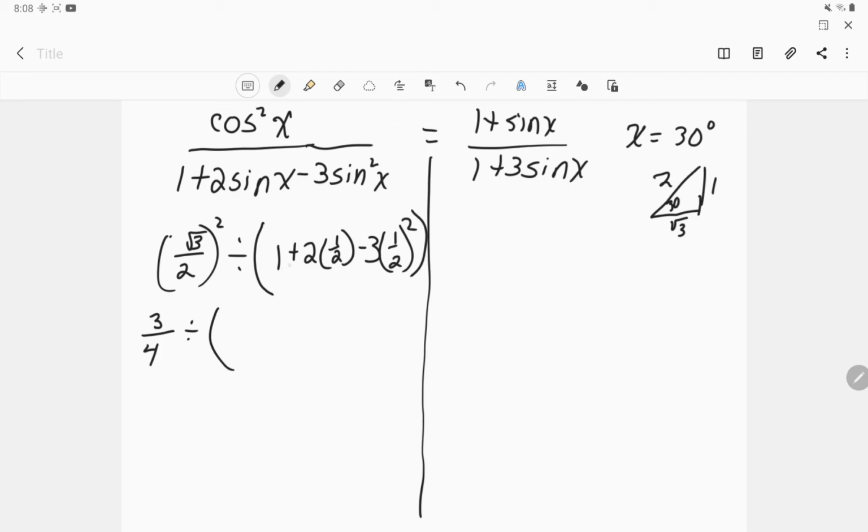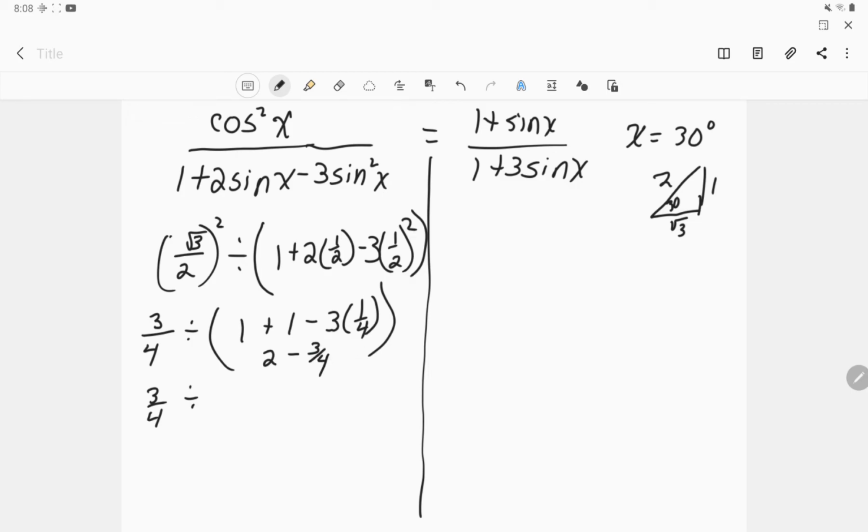Divided by 2 times a half is 1, minus 3 times 1/4. 1 squared is 1, 2 squared is 4. So this is 3 over 4 divided by 1 plus 1 is 2. So this is 2 minus 3 over 4.